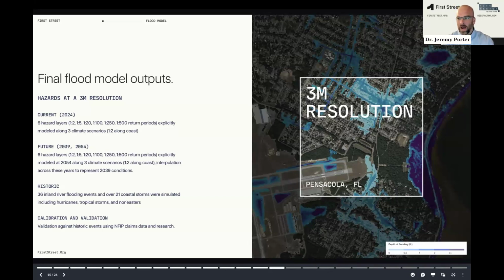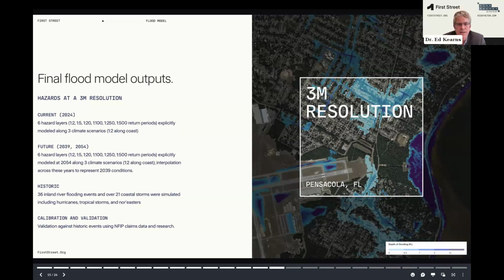We have access to IA claims, SBA claims, NFIP claims. So by coupling all that information together, we are able to build a sort of spatial layer of exposure and damages that are associated with that. So that feeds directly into that calibration and validation point that you made.